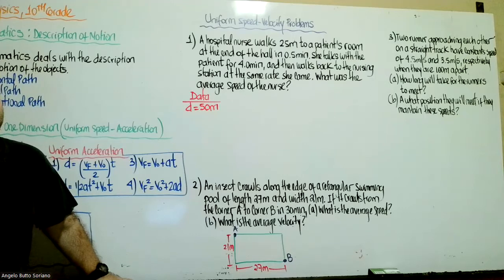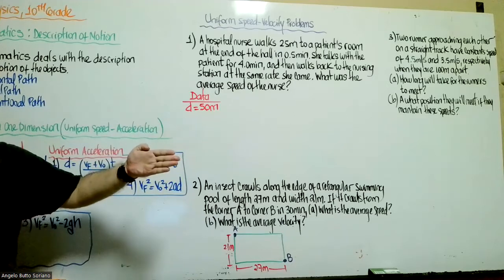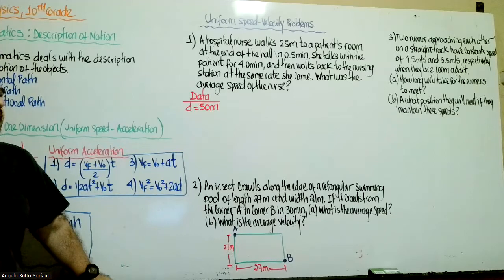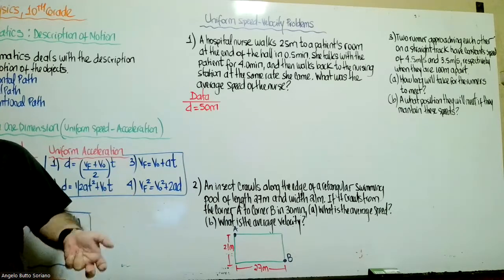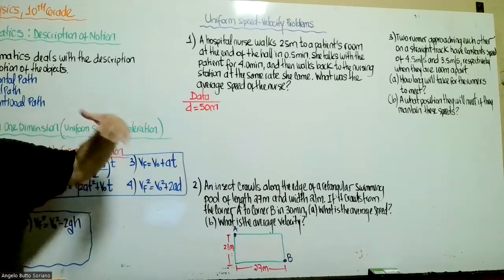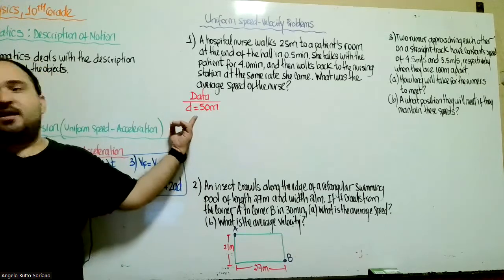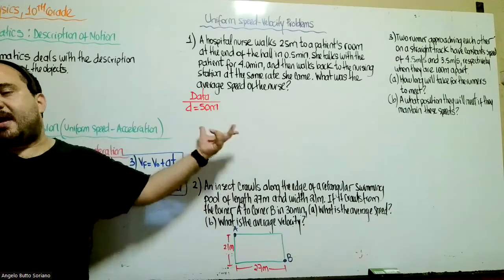You can subtract: the first track to the right side, 25 meters positive, and the second track negative 25 meters. So 25 minus 25 will be zero. For that reason, there's no sense to apply the equation for uniform velocity because the displacement is zero divided by time, that will be zero. But the average speed, remember, is the distance. It doesn't matter the direction, what matters is the magnitude.